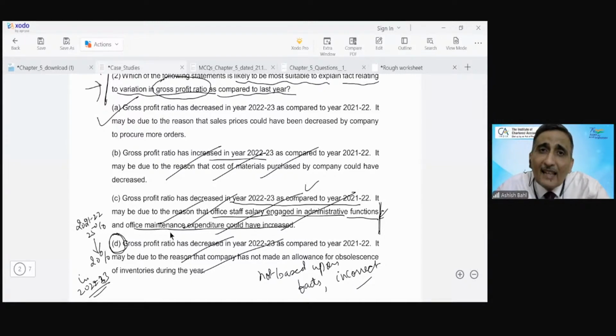How simple, guys, it was. How simple it was. You are reading gross profit probably from your foundation level, I think. Clear, guys?